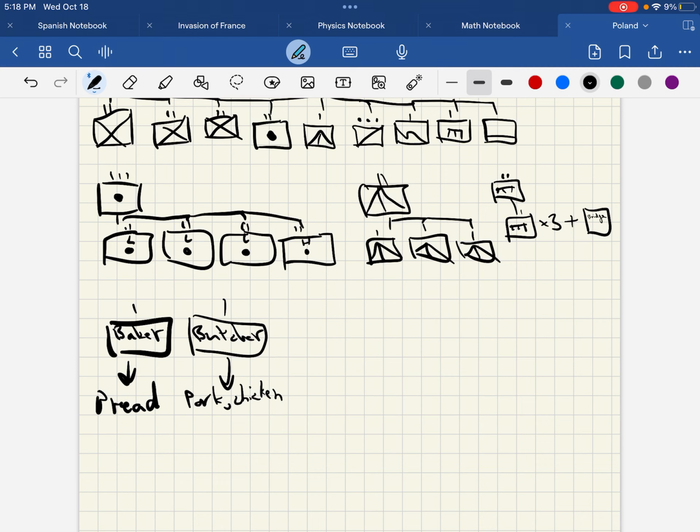So if the bakers and the butchers were lost, then the entire division went starving, unless they got support from the other divisions. So that's why supplies are very important. If you have no supplies and you don't have bakers and butchers, then you're going to die.